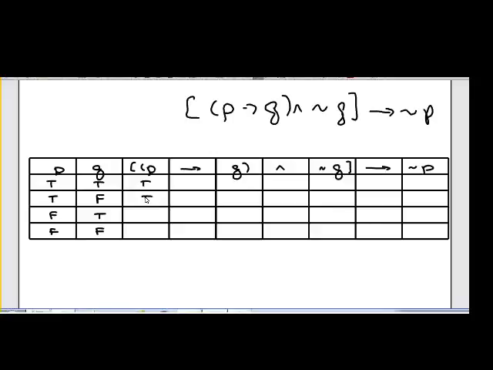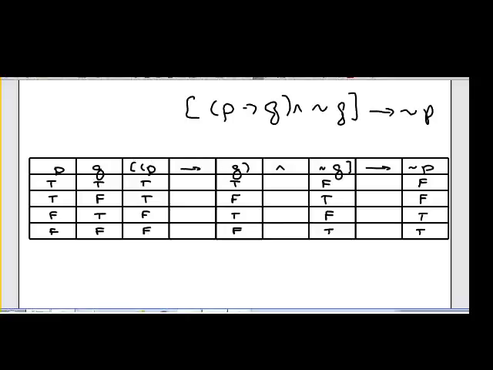And then we just copy them down, or we copy the complement, or what do we call that thing? The negation, I guess. Yeah, the negation. That's the right terminology. So now I've got the negation of Q, so I need to do false, true, false, true, and the negation of P is false, false, true, true.